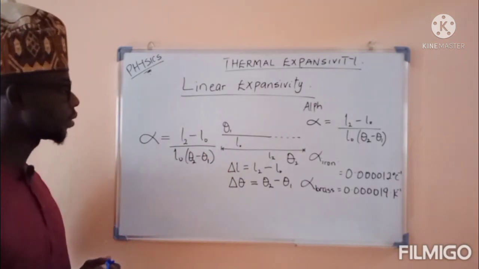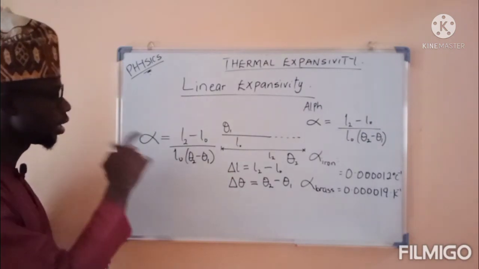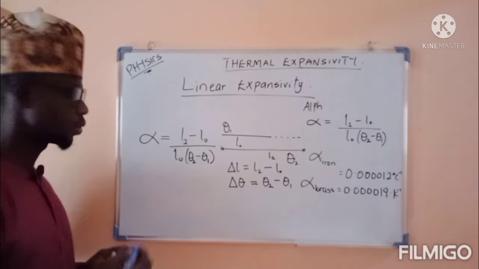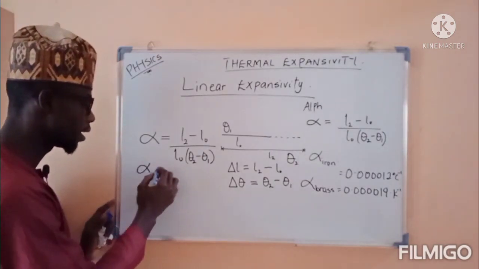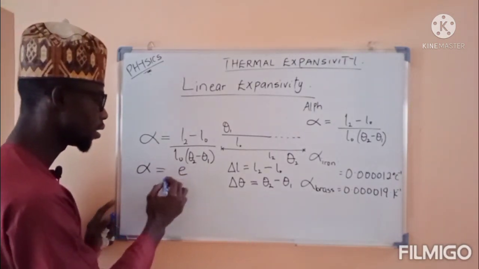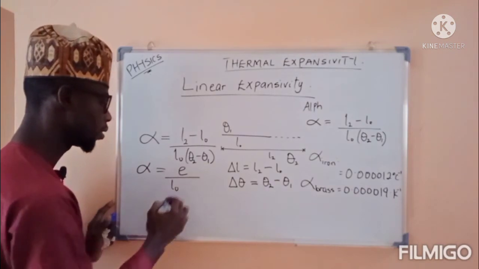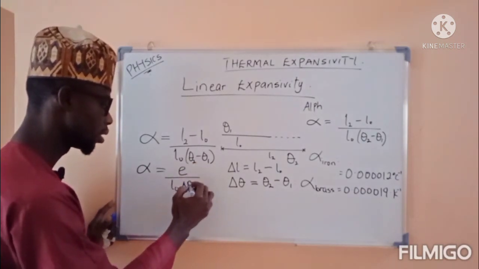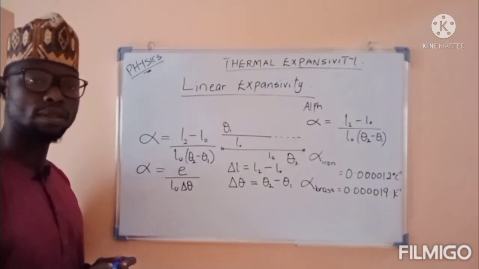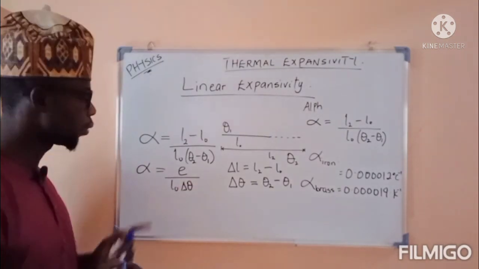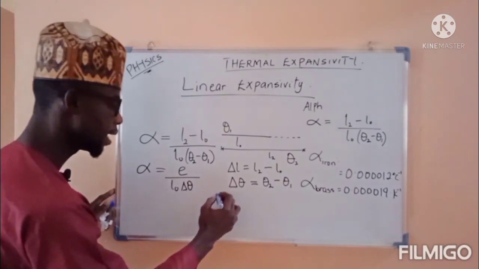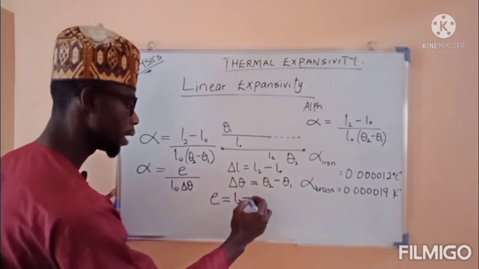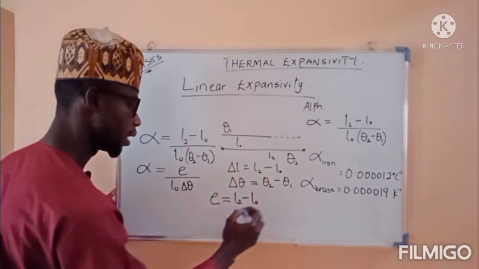Remember that L2 minus L1 is the amount of extension. So I can say that alpha is equal to E all over L naught, change in theta. Is that clear? Which simply means that my extension E is L2, final length, minus original length.